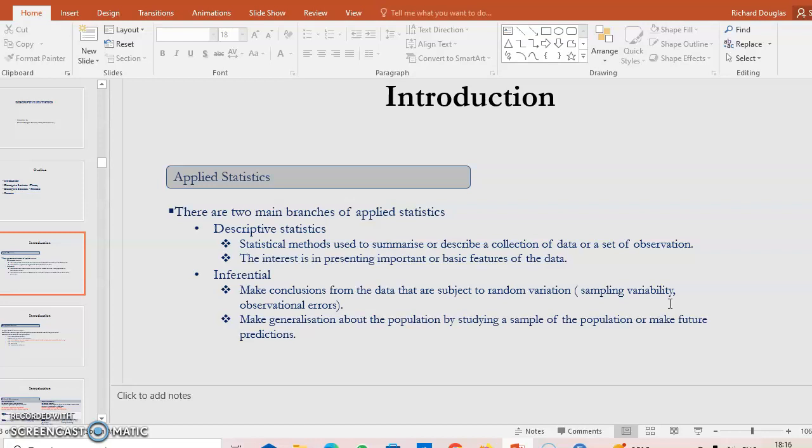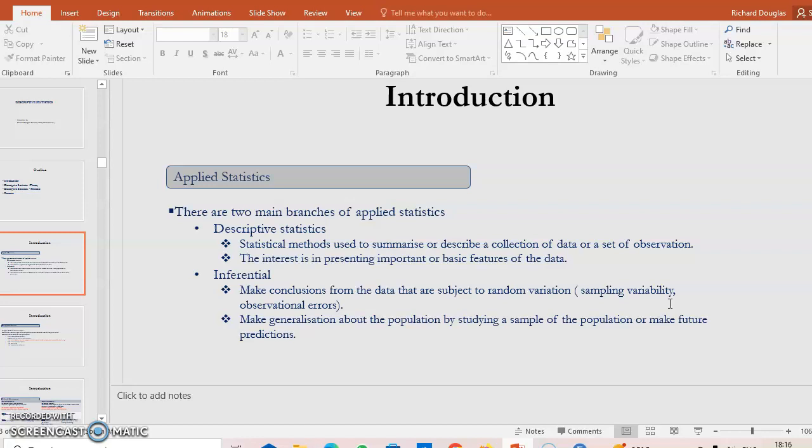Then, having done your descriptive statistics, you can then proceed to inferential statistics. It depends on how you design your research study. If you need to test a hypothesis, you can proceed to carry out inferential statistics.